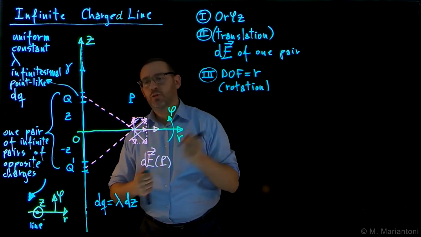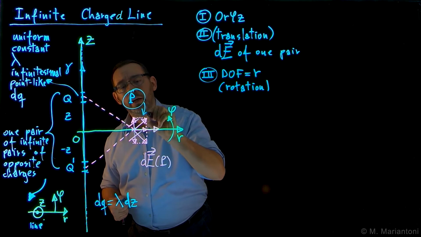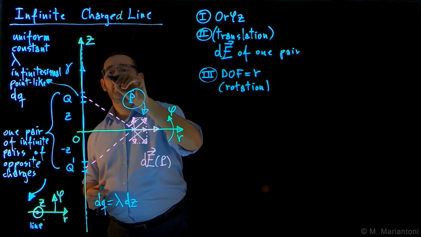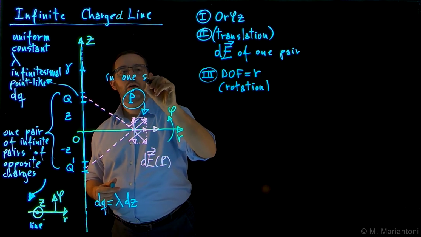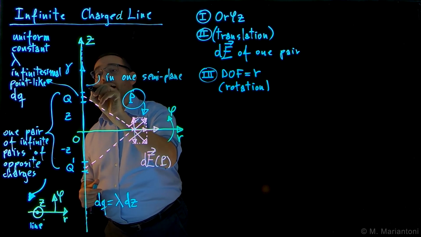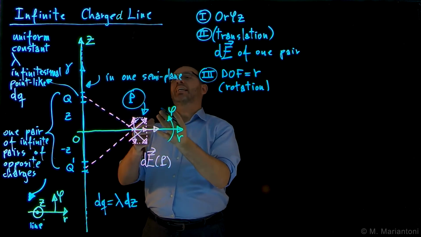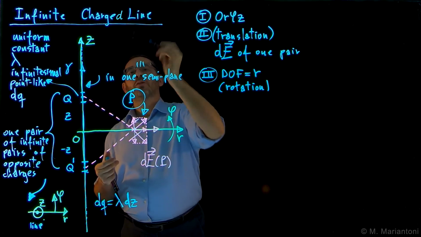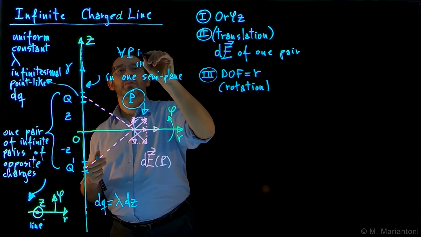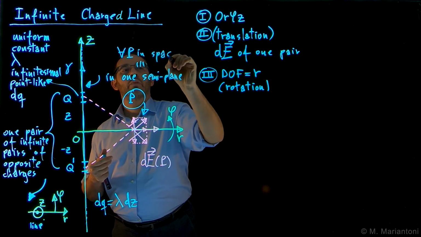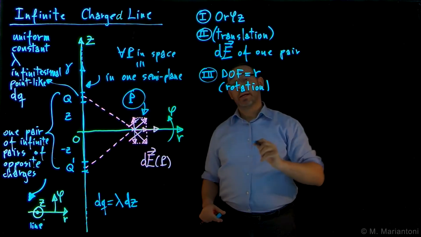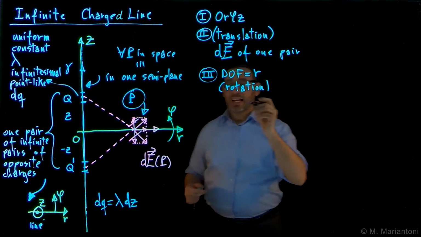Because of this, if I find the solution for a point P here in one half plane, in one semi-plane, generating from the line gamma, this is equivalent to finding it everywhere for each point P in space. I just rotate the solution everywhere, translate it up and down, and I get the same solution. All right. And again, I will come back to translation and rotation symmetries later on.